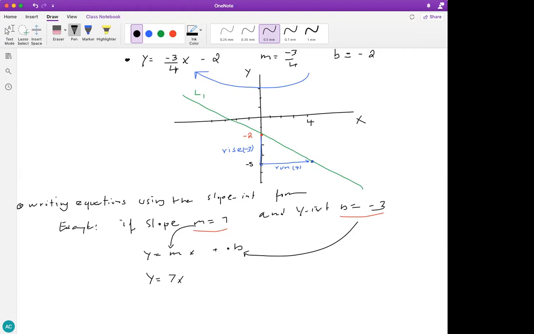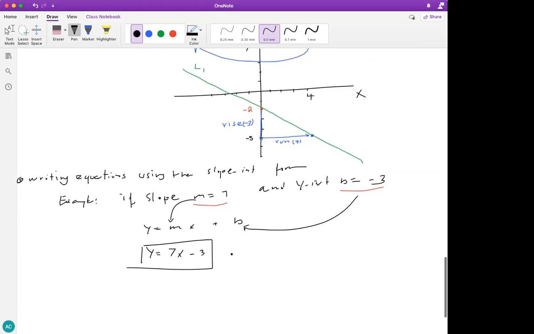Keep the X there, and the B is -3. That's it. That's typically a question you'll see in the exam or quiz or homework. All you have to do is plug in the values of M and B.